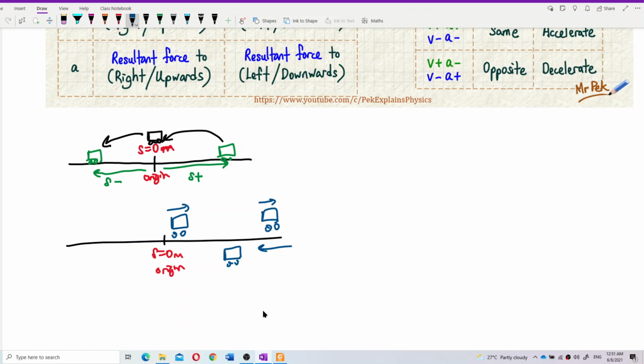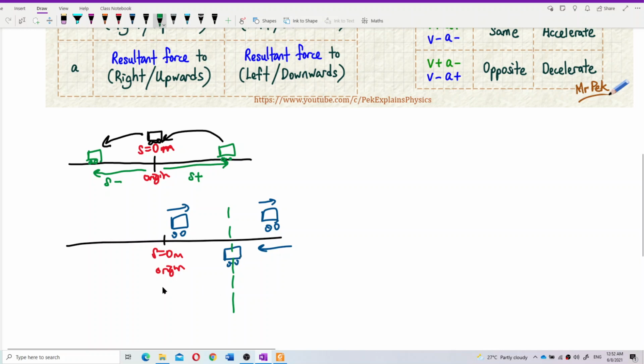It moves to the right and then moves to the left. So what's the displacement at this position? Is it positive or negative? Does it mean that the object already moved to the left? Does it mean it has negative displacement?